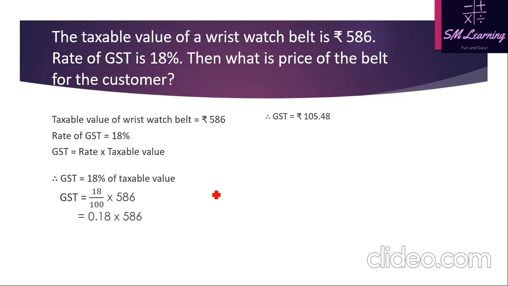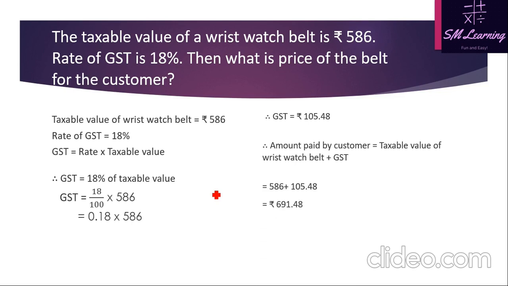So the amount paid by the customer is equal to the taxable value of the wristwatch belt plus GST. Substituting the values, 586 plus 105.48, we get rupees 691.48. So this is the amount which the customer is going to pay for buying that wristwatch belt.